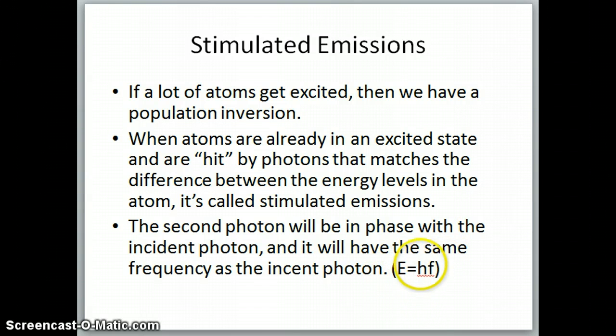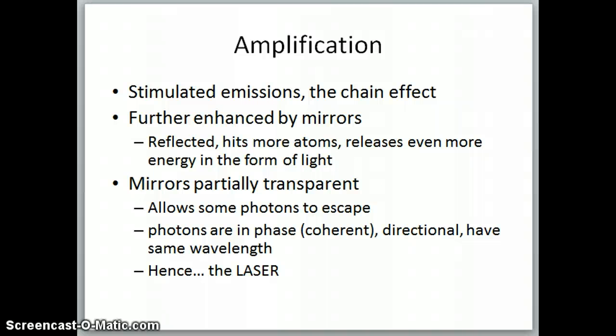The energy of the photon is Planck's constant times the frequency of the light. So you have two photons going out hitting other atoms, and more energy is released. It causes a chain reaction amongst the atoms. This is where the amplification comes in, through that chain reaction.